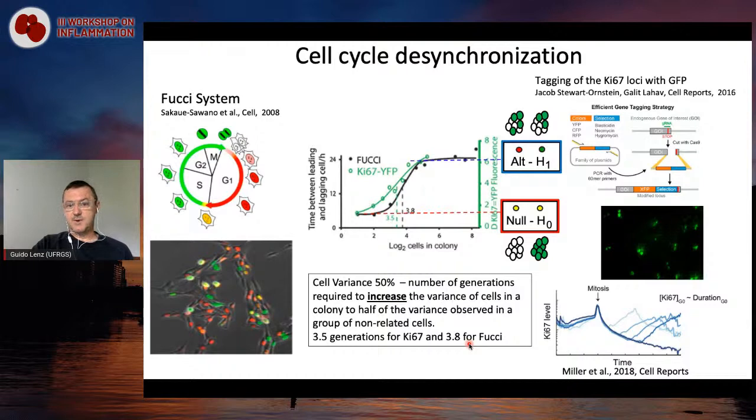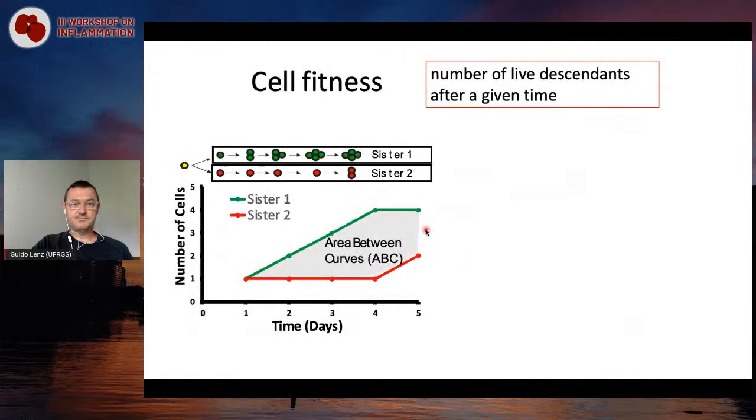Meaning that with about 4 generations, the cells have half of the desynchronization, and at about 5 generations, the cells are as desynchronized as cells obtained randomly from the population.